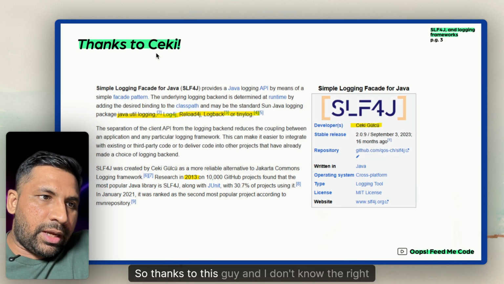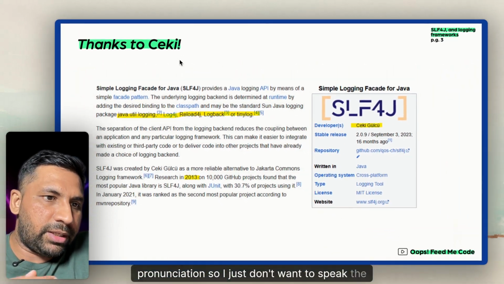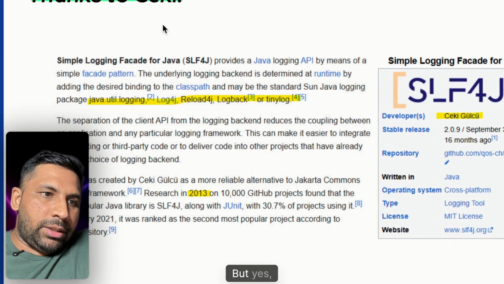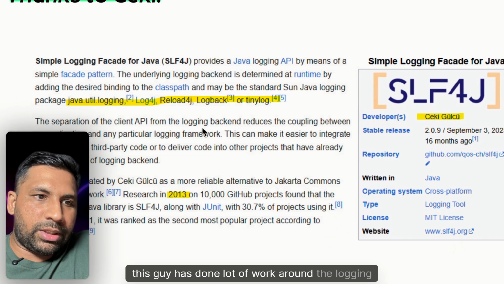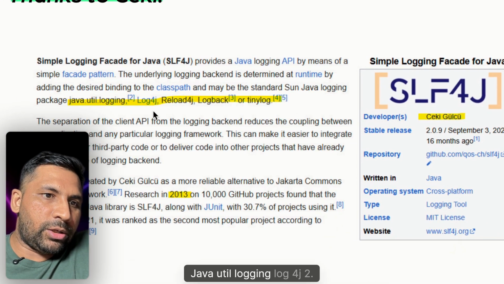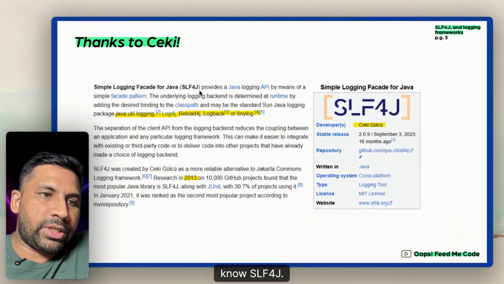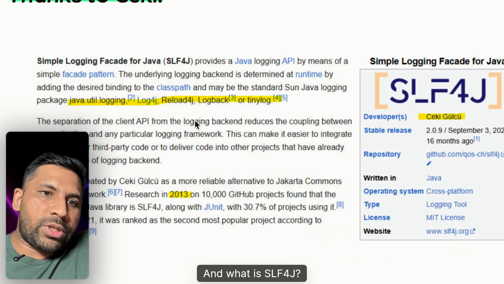Thanks to this person, whose name I don't know how to pronounce, so I don't want to speak it wrong. They have done a lot of work around logging, Java Util Logging, and log4j2, and built SLF4J. So what is SLF4J?